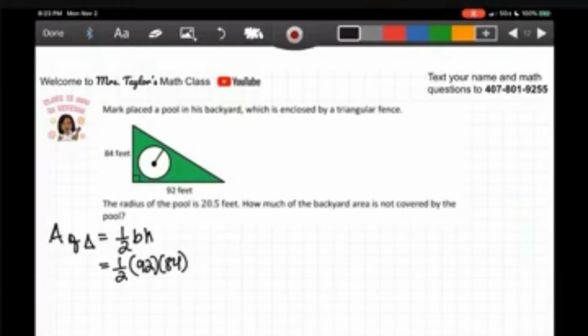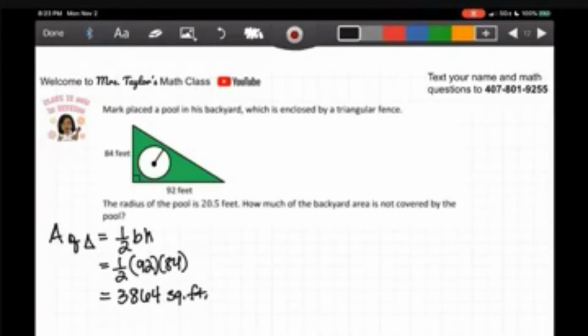And so we have 92 times 84. And then we divide that by 2. And this is going to get 3,864, and that'll be square feet.